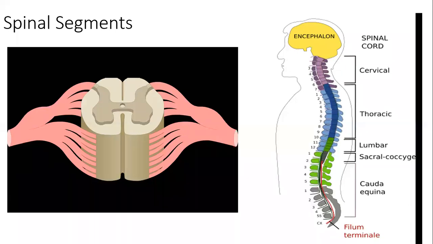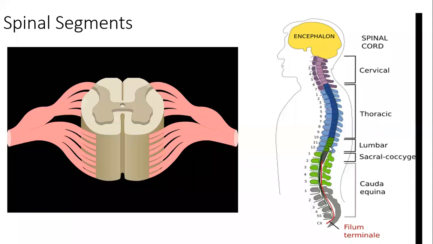What does it mean? It means there are going to be how many segments? 31 segments. We have 8 cervical spinal nerves, hence we have 8 cervical segments. We have 12 thoracic spinal nerves, hence we have 12 thoracic spinal segments.